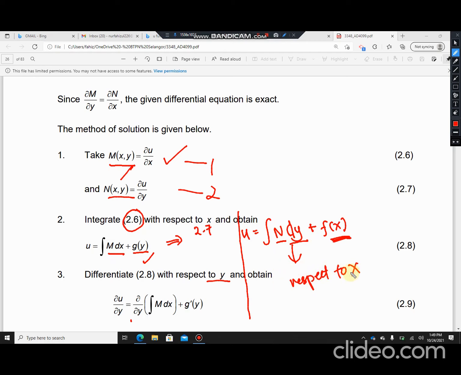So awak just boleh tukar sendirilah formula ni sebenarnya, sebabnya awak just ingat satu formula and then another one awak just change. Tapi make sure kena betul-betul tukar lah. Kalau kat sini dx, kat sini kena dy. Kalau kat sini g(y), kat sini kena function x. Kalau kat sini differentiate respect to y, kalau awak nak ambil N, kena differentiate respect to x. So setiap step tu kena tukar.